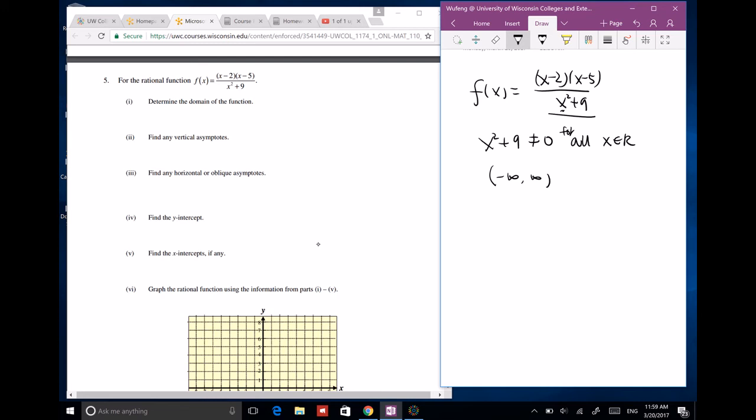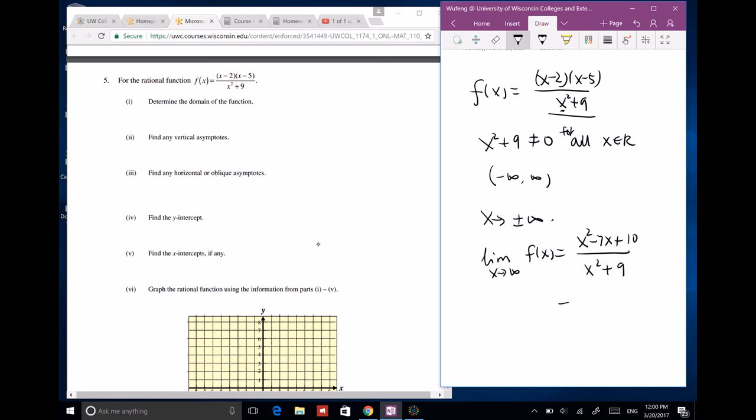Find a horizontal asymptote. A horizontal asymptote is when x goes to positive or negative infinity. What is y? So you find the limit as x goes to infinity of f(x), which is (x squared minus 7x plus 10) over (x squared plus 9).